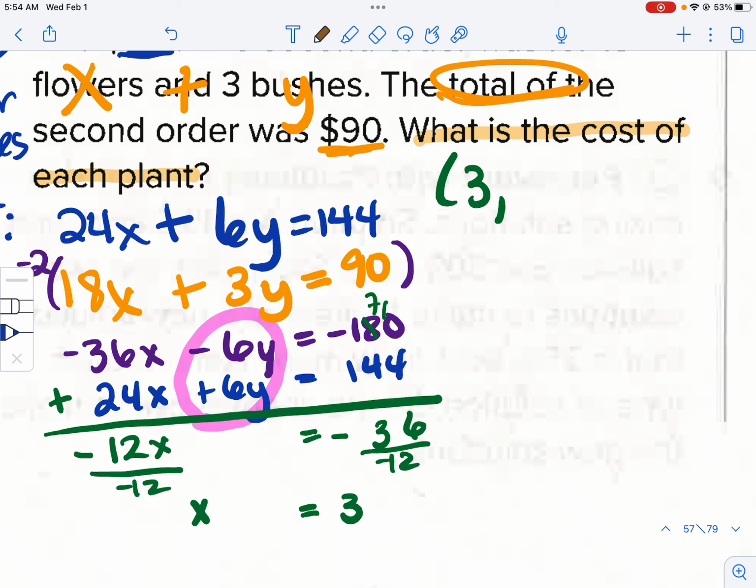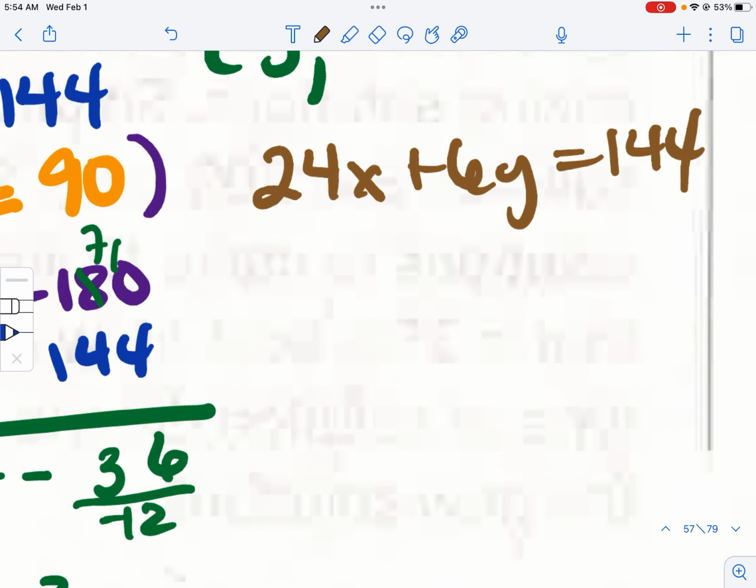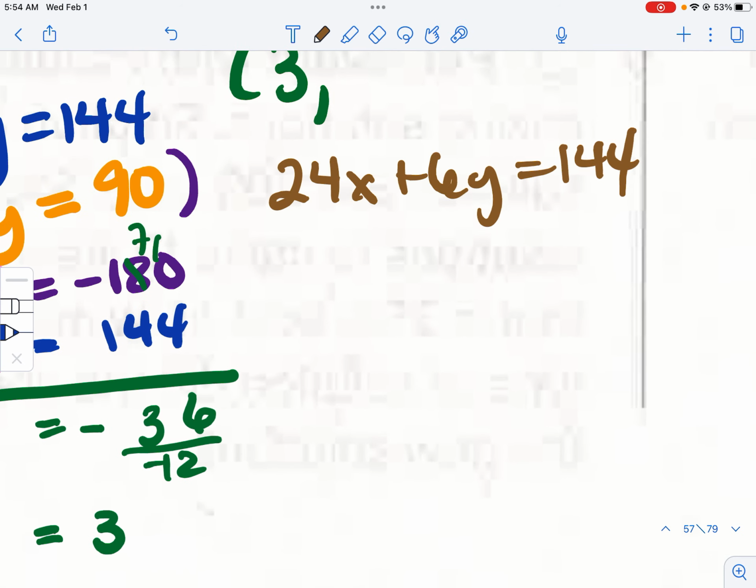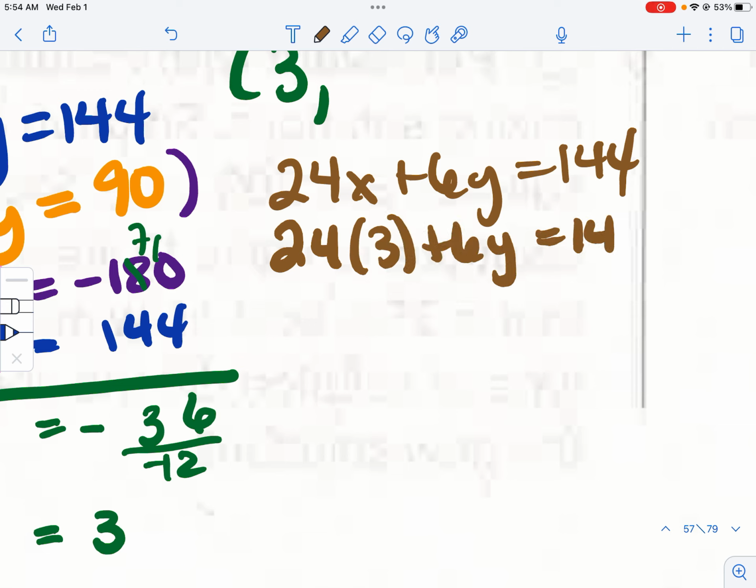And then I'm going to plug it back into one of my 2 original equations. I don't know. I'll just do the first one. I don't care. So 24x plus 6y equals 144. I'm replacing x with 3. 24 times 3 plus 6y equals 144. That's going to get me 72.